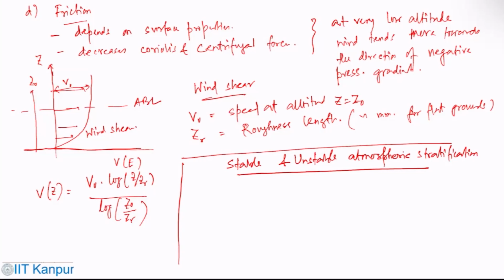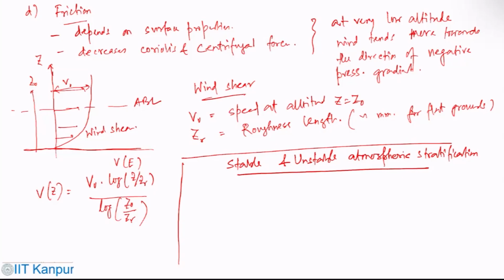What happens is that when sunlight falls on Earth's surface, the surface becomes hot. So a rising piece of air becomes relatively hotter, so it rises. And rising air expands and therefore gets cooler. So there is a dry adiabatic lapse rate which is about 1 degree per 100 meters.